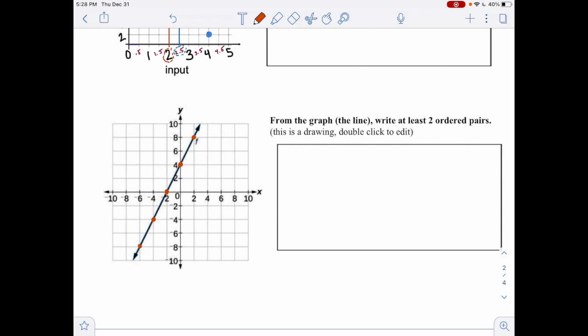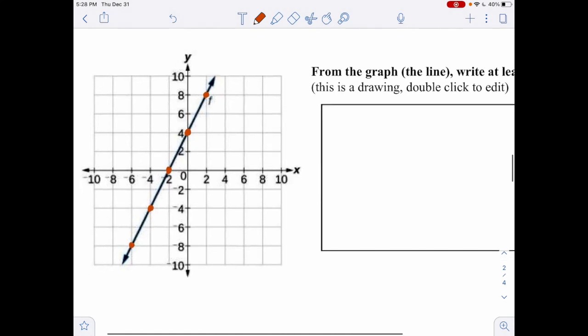So these are all the possible ordered pairs that you can really pick. Now, like I said before, there are an infinite amount of ordered pairs that you can choose from, but these are the most direct that will give you exact values, integer values, integers are whole numbers. So if I look at this topmost point, this is 2, 8.